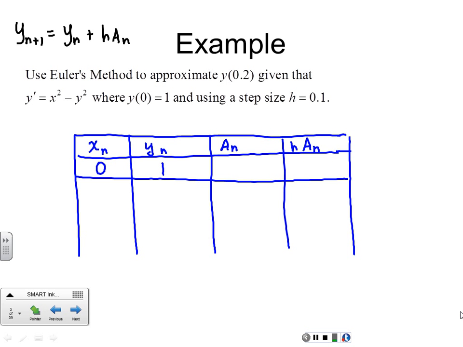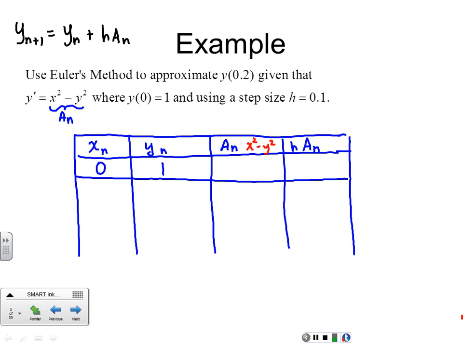Okay. A sub n. Y'all remind me what a sub n was? The differential equation. So your a sub n in this problem is x squared minus y squared. So x squared minus y squared, I actually need to do it numerically.